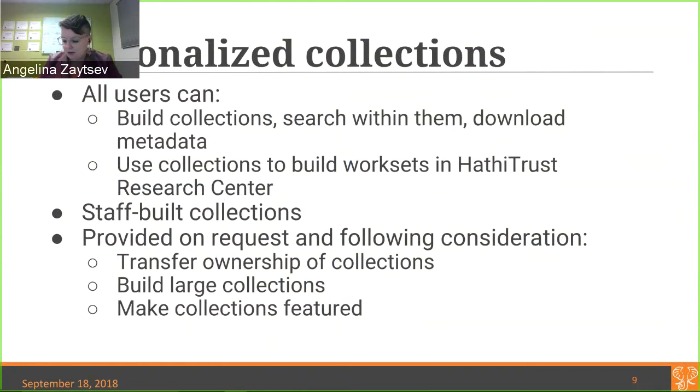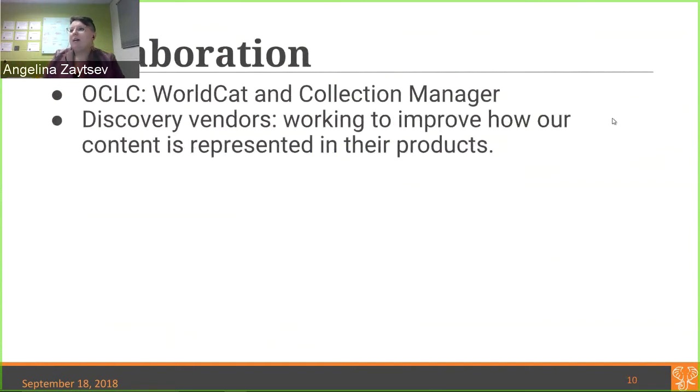And we also make collections featured in a few cases, which just highlights different collections and brings them to users' attention. In addition to those discovery services, we also work closely with OCLC to ensure that HathiTrust items are represented in WorldCat and Collection Manager, which is one of their discovery products.